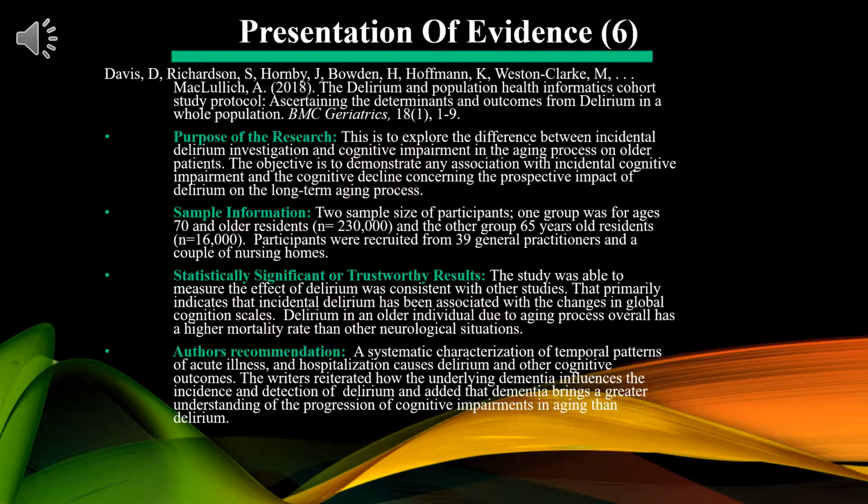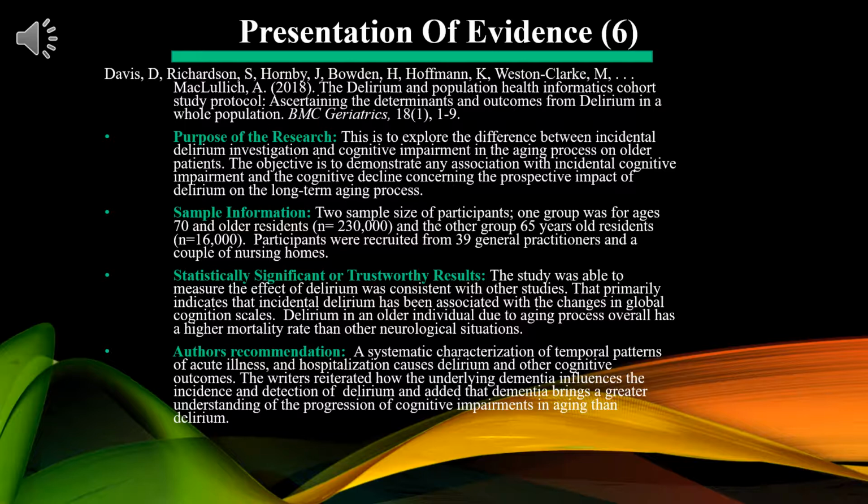Statistical significance. The study was able to measure the effect of delirium was consistent with other studies. That primarily indicates that incidental delirium has been associated with the changes in global cognitive scale.